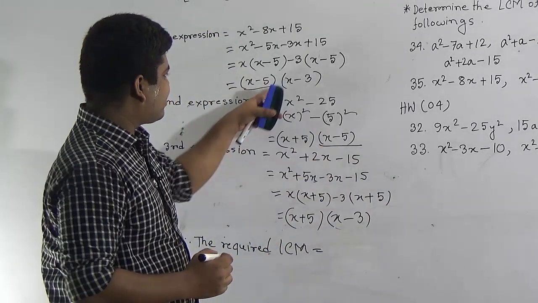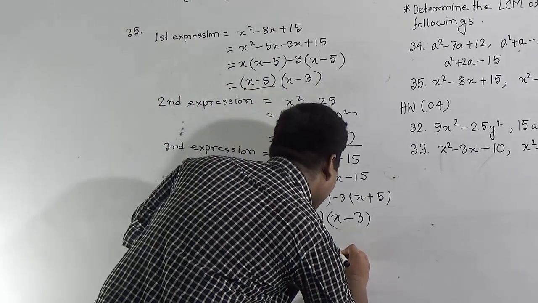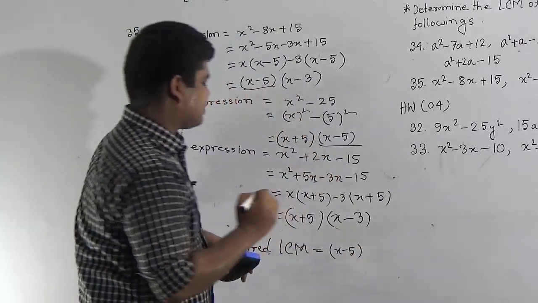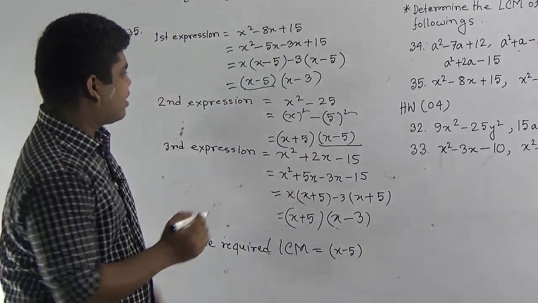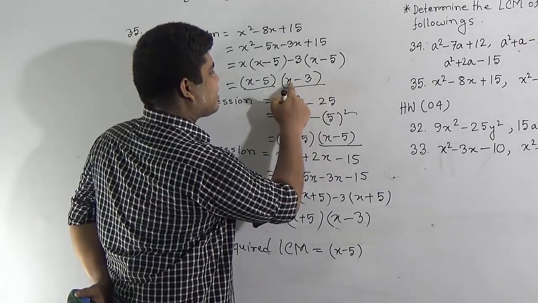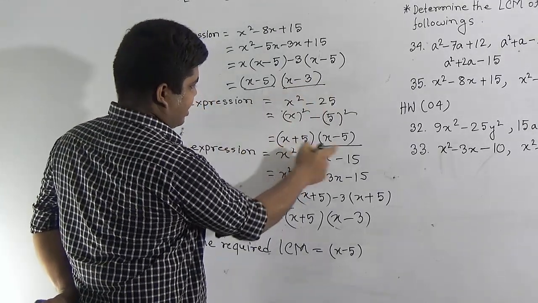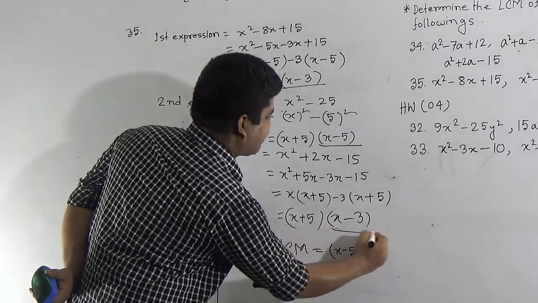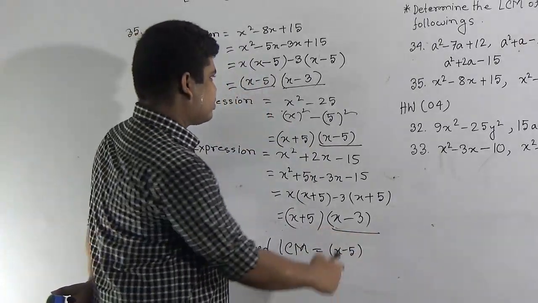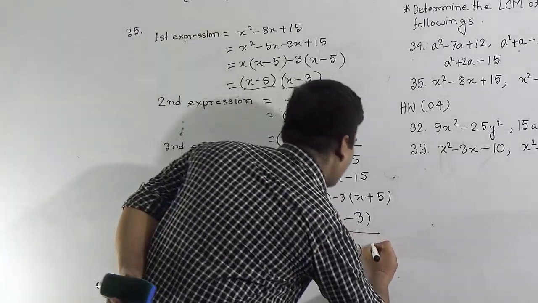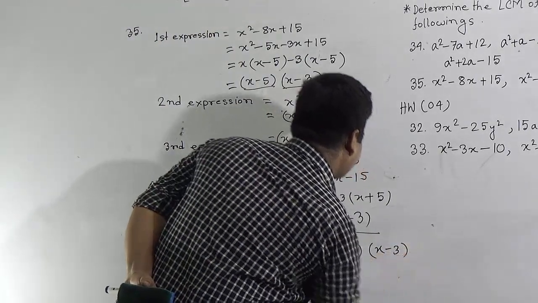So from these we take x minus 5 once. Then left one is x minus 3. Here x minus 3 is absent, but here x minus 3 is present. So from these we take x minus 3 once.